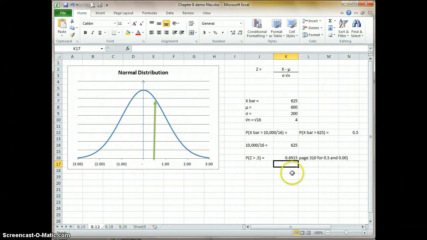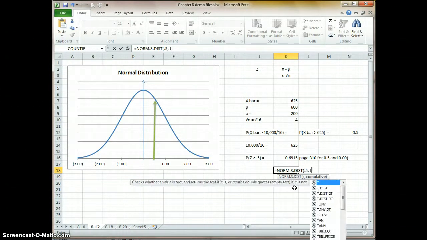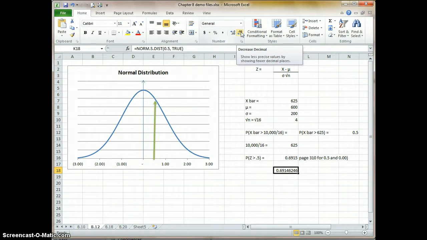And again, we could calculate that if we use the normal distribution function, NORM.S.DIST, and again with a z-score of 0.5, and we'll leave it at true for cumulative. And again, just to change the display, we're going to decrease the decimal here to 4 decimals to the right, and then we see that we get that match.